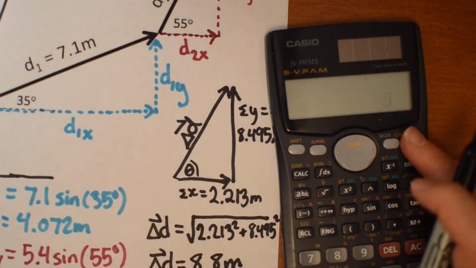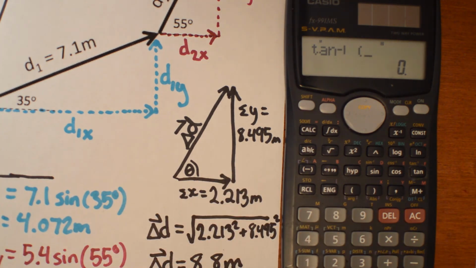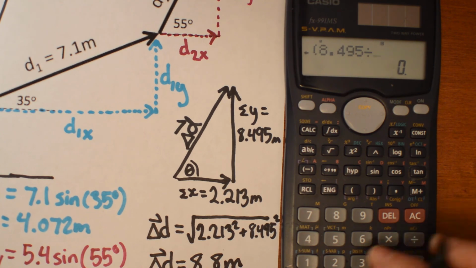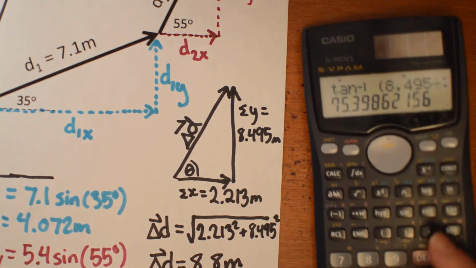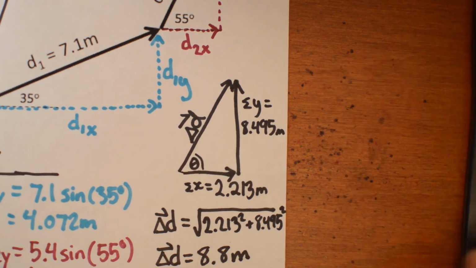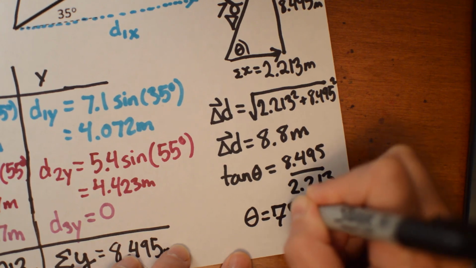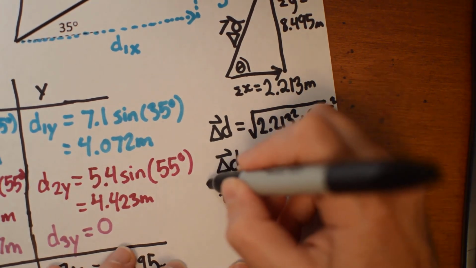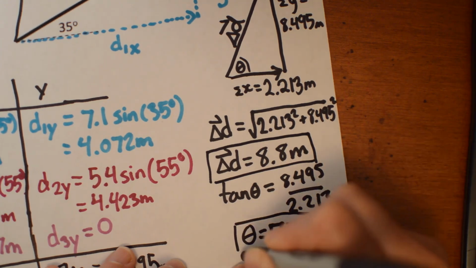Toss that into my calculator. I'm going to be doing an inverse tan to undo that tan function and get theta out, of 8.495 divided by 2.213, and that gives me 75 degrees. So theta is 75 degrees. And there's delta D, there's theta, and we are done.